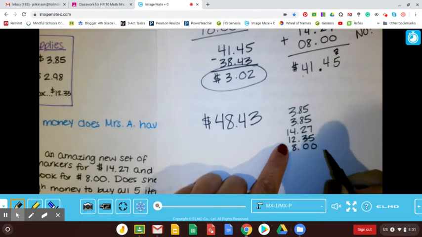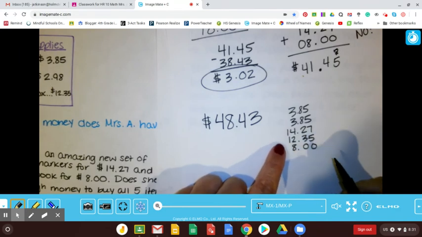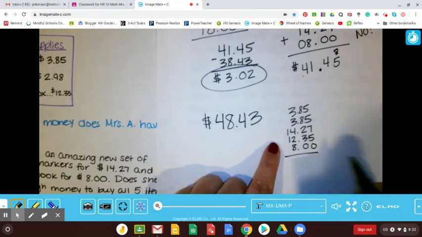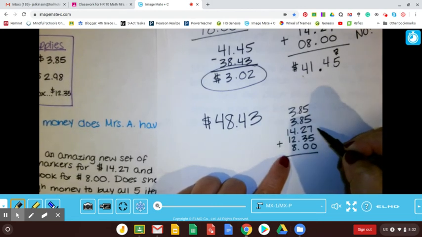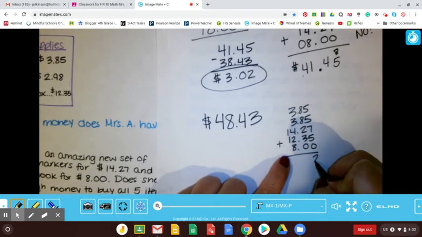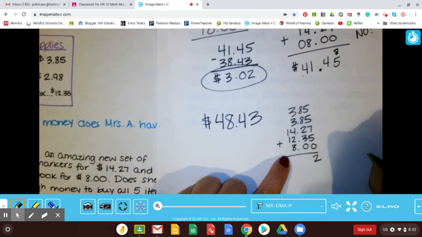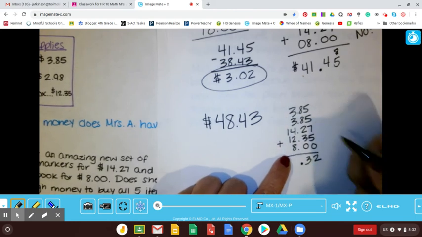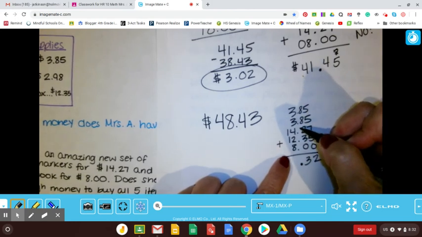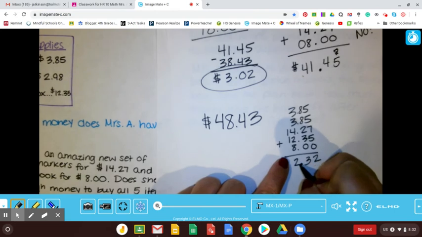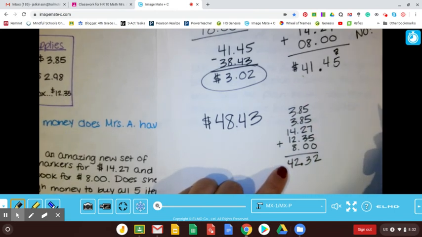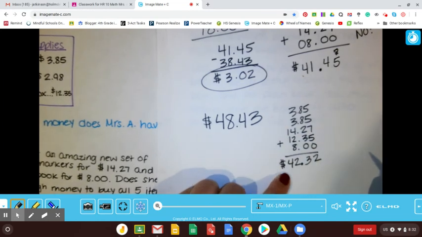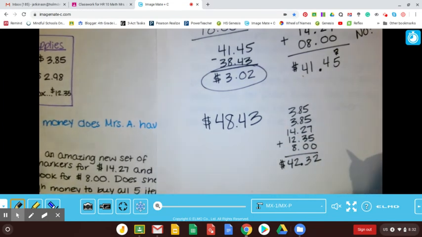So if I add all of this up, let's see what I get. 10, 15. All right. So I think it would be $42.32 when I add up all of the things that I want to buy.